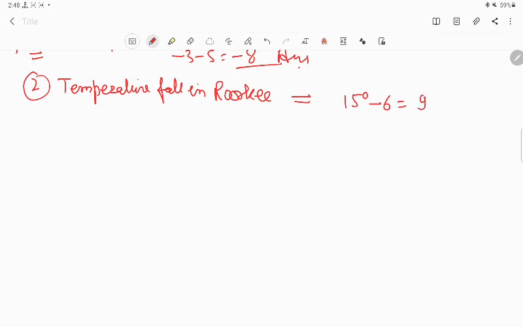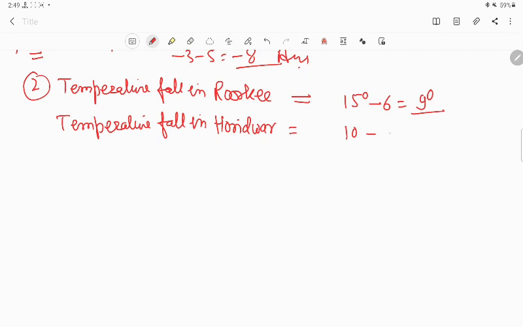It means it has fallen 9 degrees centigrade, and temperature fall in Haridwar is equal to 10 minus 6 is equal to 4 degrees centigrade. It means the temperature fall in Roorkee is greater, by 9 degrees centigrade.